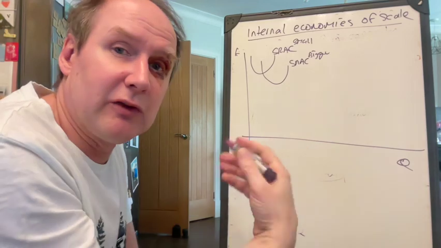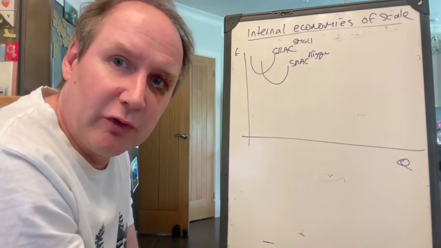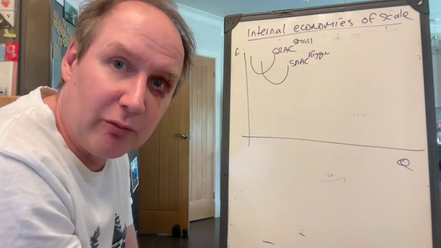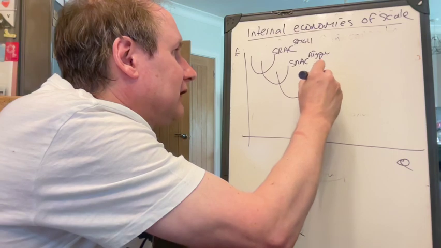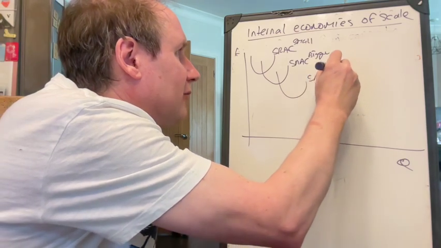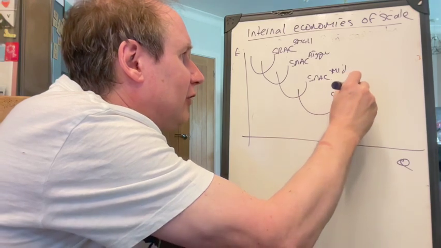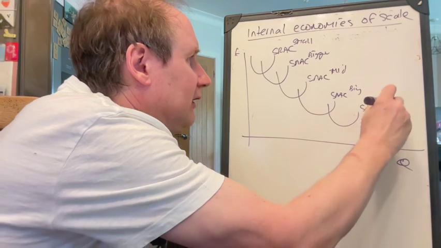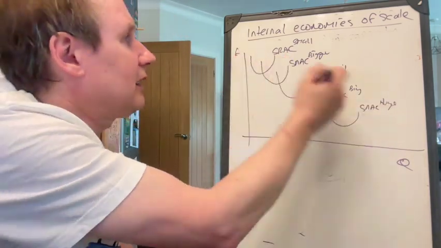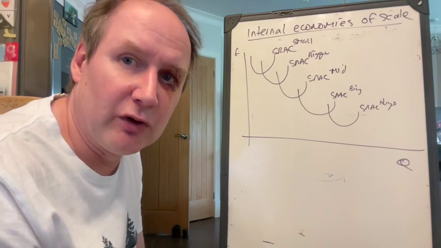So this is the idea that a mid-sized Tesco in town is more efficient, has lower cost than the corner shop because of things like buyer power. And as it keeps expanding, that's a mid-sized firm, that's the short run average cost curve for a big firm, that's the short run average cost curve for a huge firm. And what we're saying is that every different capacity of this firm has a different short run average cost curve.